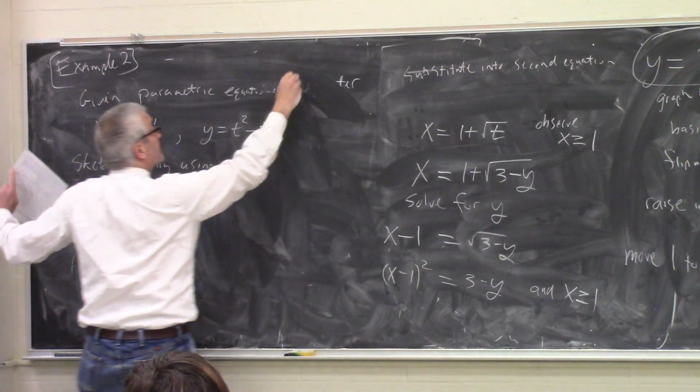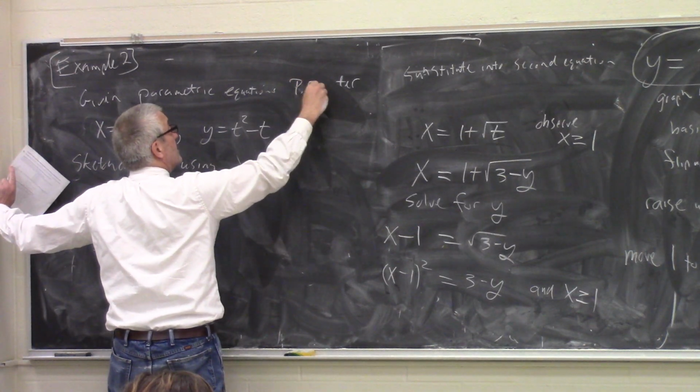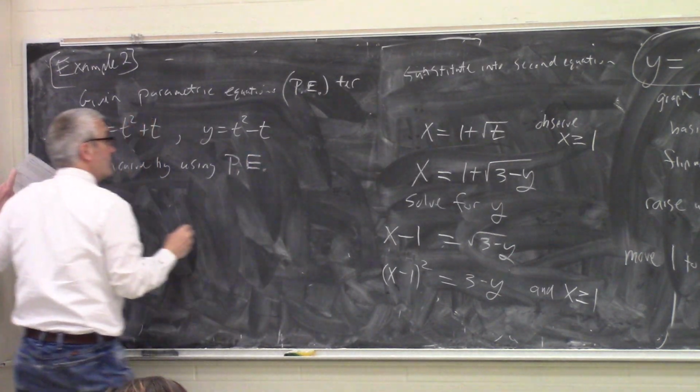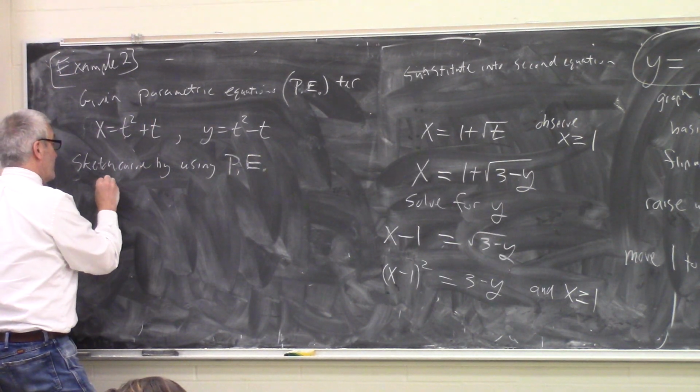So remember, the parametric equations I abbreviate PE. So sketch by using the parametric equations to generate points.